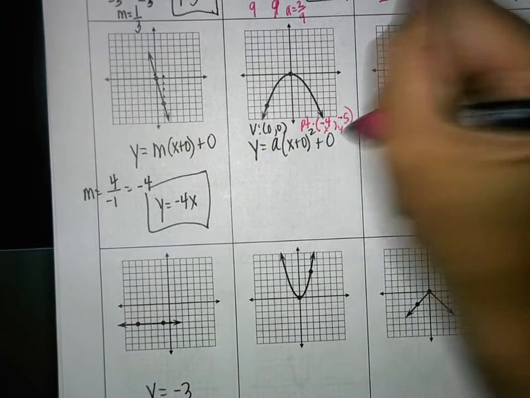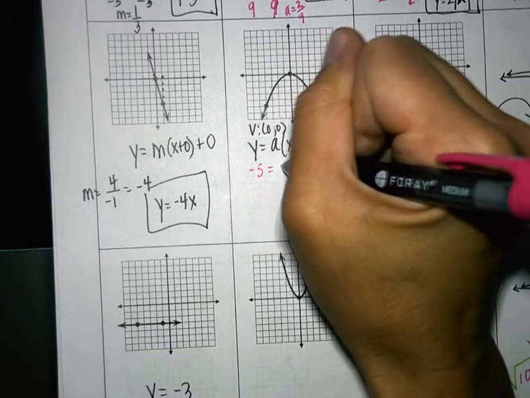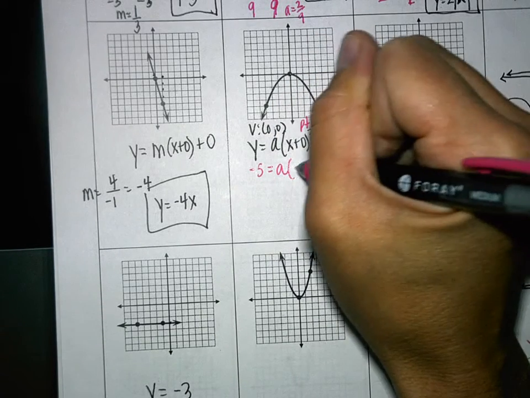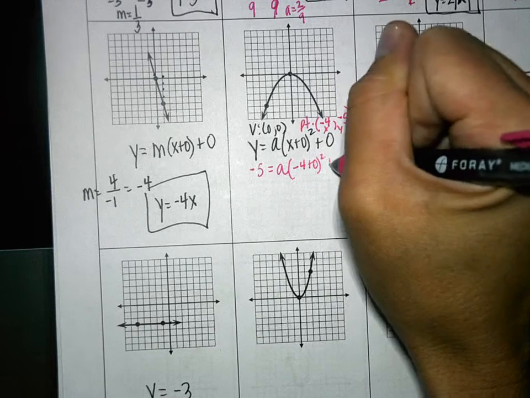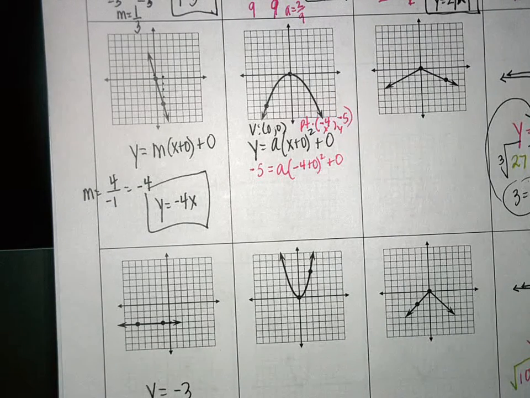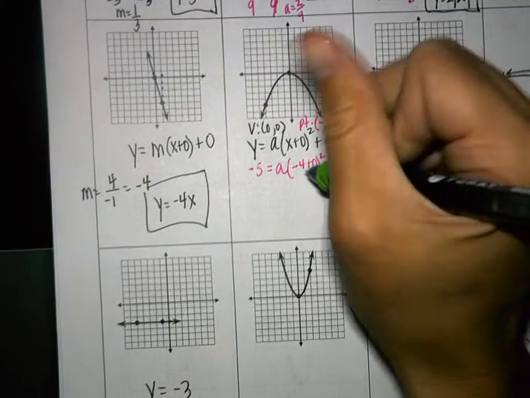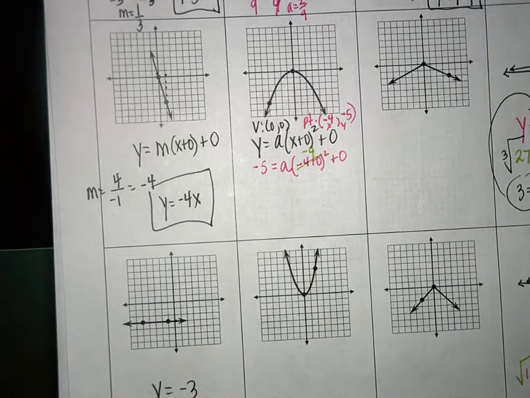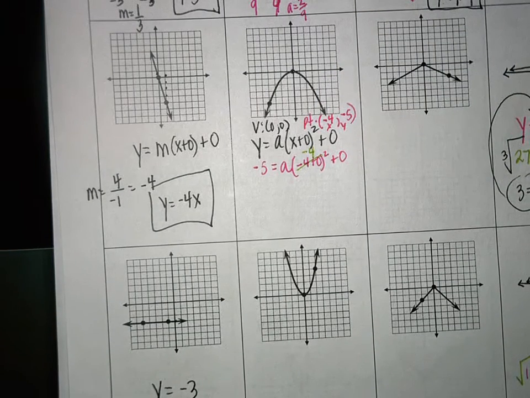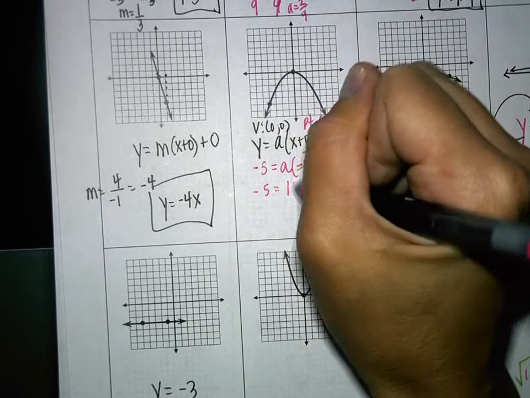We're plugging them in. -5 equals a parenthesis -4 plus 0 squared plus 0. Okay, -4 plus 0 is what? -4. And what is -4 squared? Good. So that means we have -5 equals 16a.